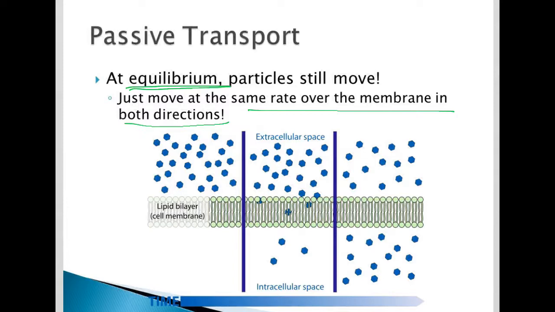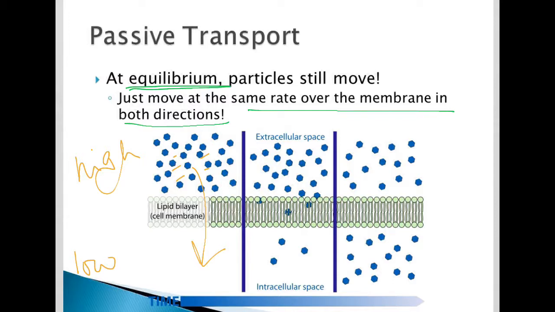So for example, in this image, we have a high concentration of particles on the top of the image and a low concentration of particles on the bottom of the image. So obviously the particles will be colliding with each other more on the top of the image, and that will produce a net movement from high to low with no energy expended across the membrane from the top to the bottom.